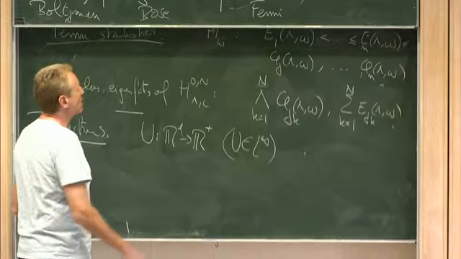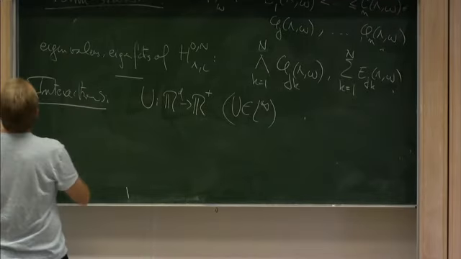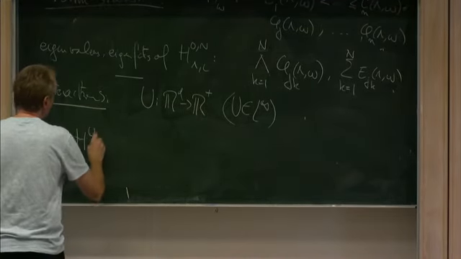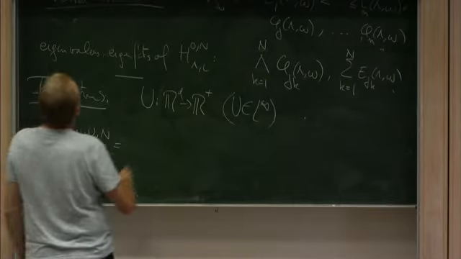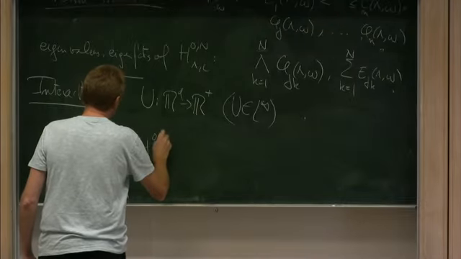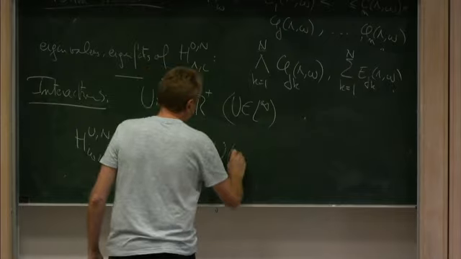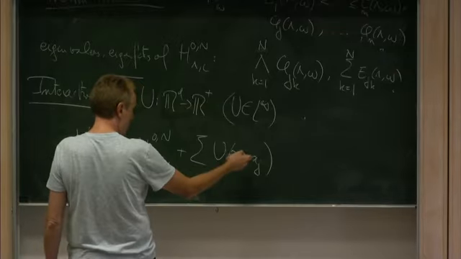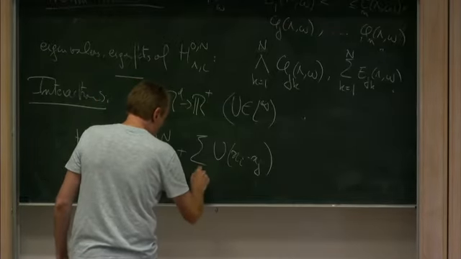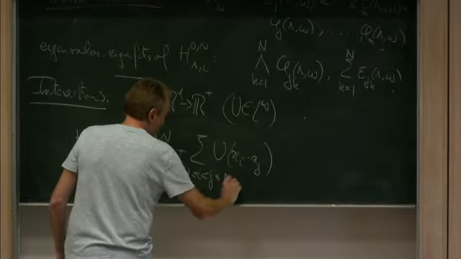Of course, all my particles are equal, and so I'm going to consider H^U_{n omega L} to be H_0^{n omega L} plus the sum of u(x_i minus x_j), where x_j is for the jth particle, and i less than j less than n.